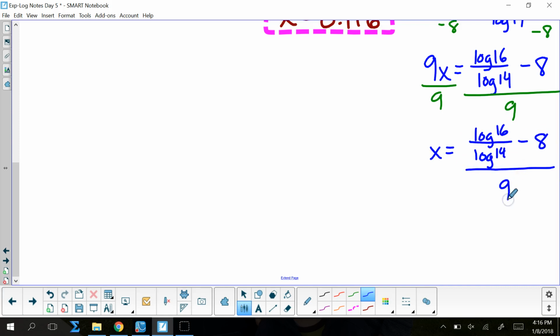I like to do all of my math first. We could have divided log base 10 of 16 by log base 10 of 14 first, found out what that answer is, then subtracted 8 from that, then divided by 9. But then that's going to lead us towards rounding in the earlier stages.